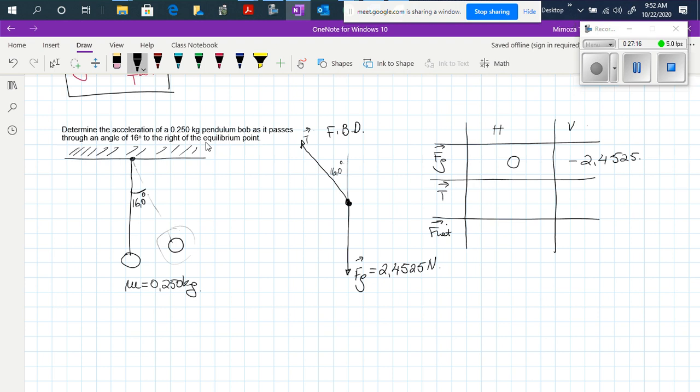Tension on the horizontal is this one here. I will draw it with a different color. This is the horizontal component. It is negative first of all, because it's going in the opposite direction. It's negative, whatever the tension is, times sine 16 degrees. And then the vertical component is this vector here.